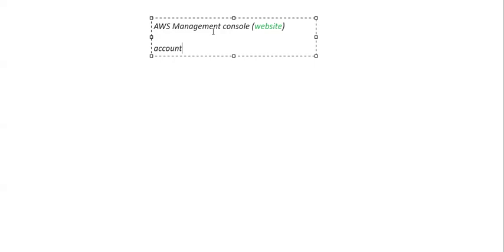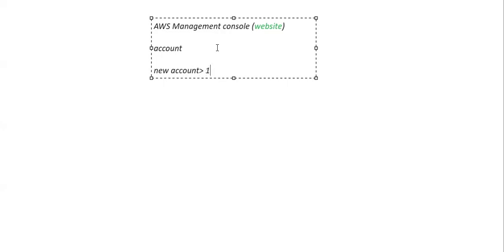Whenever you create a new account, AWS provides you a 1 year free trial.